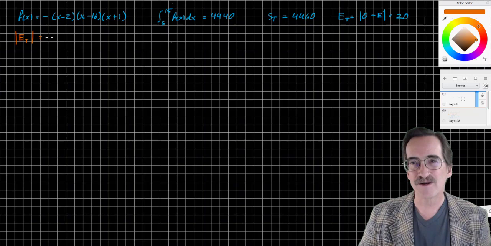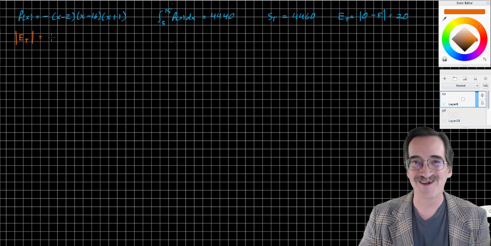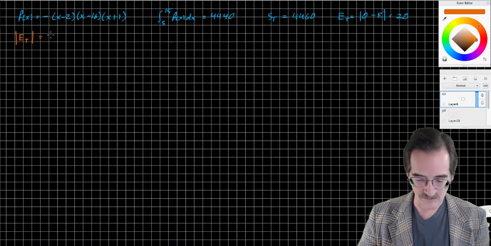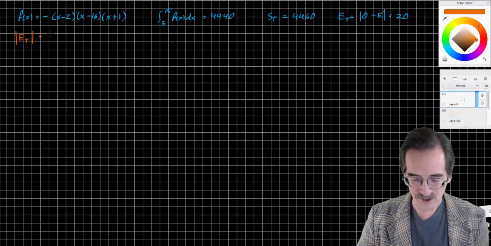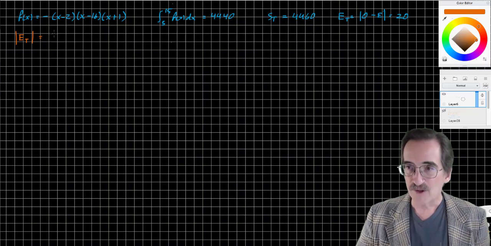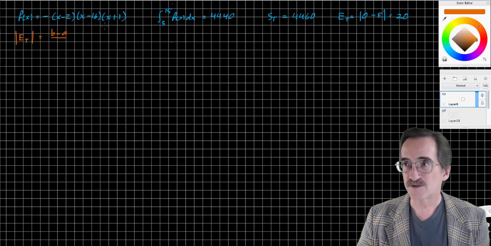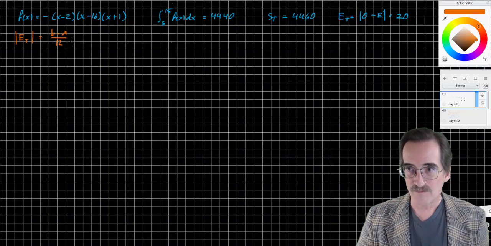That said, I don't rule out that they might expect you to know it. The error bound formula is b minus a, where a and b are the boundaries of integration, divided by 12. The derivation of these is another fascinating subject that we won't get into.